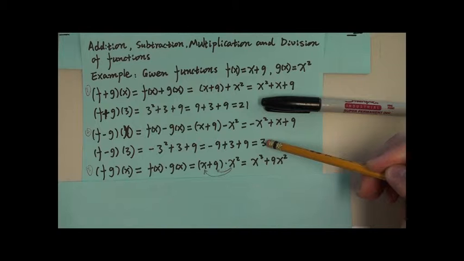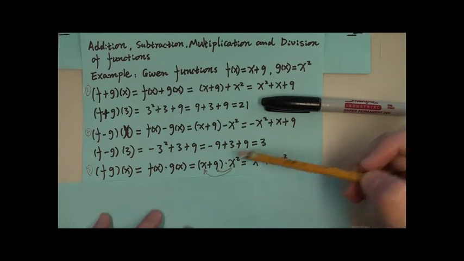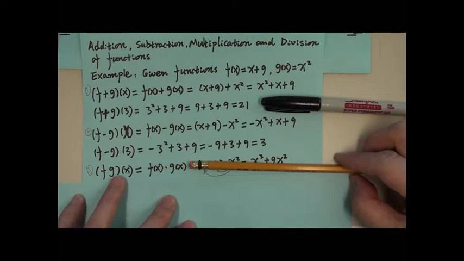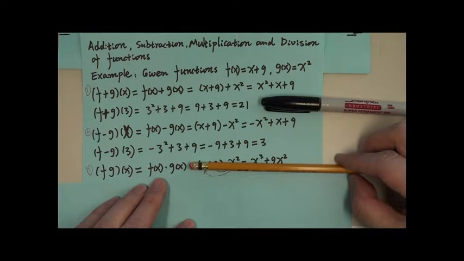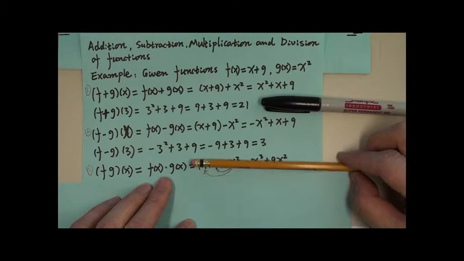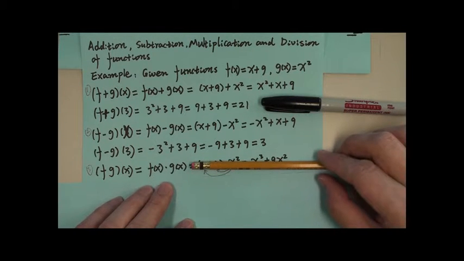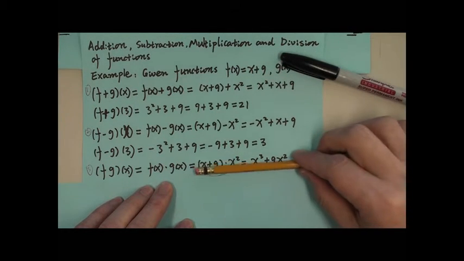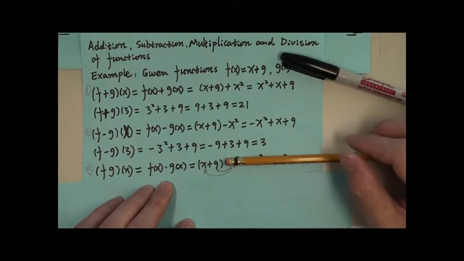Now look at multiplication then. Multiplication, f times g of x is defined as f of x times g of x. And we know f of x is x plus 9. So x plus 9 here.